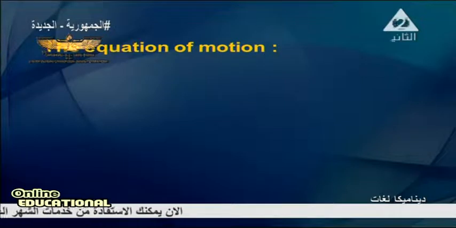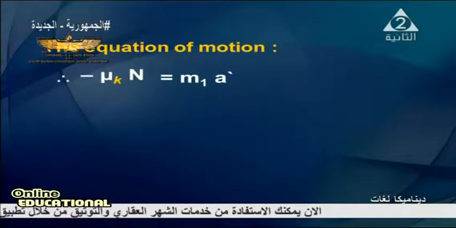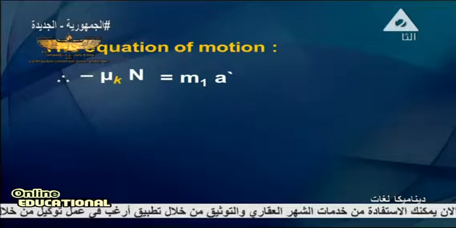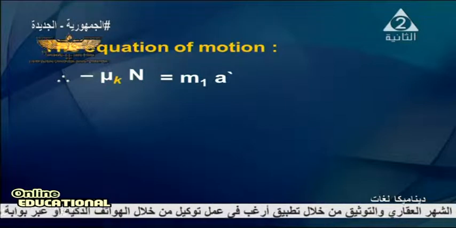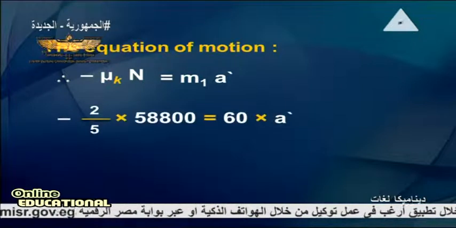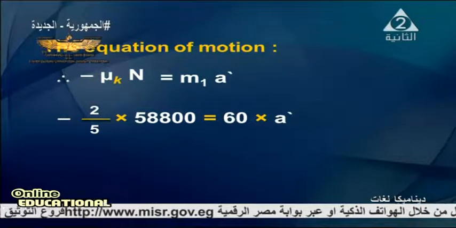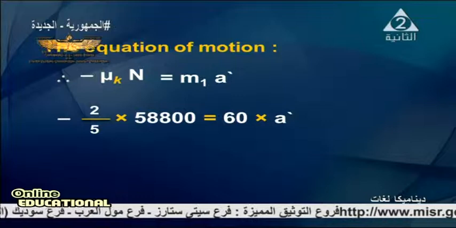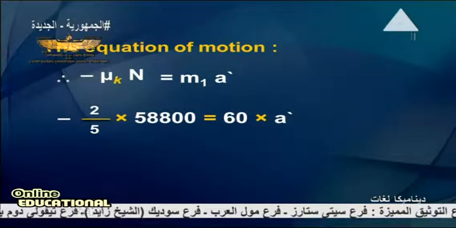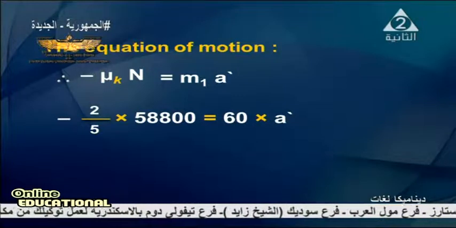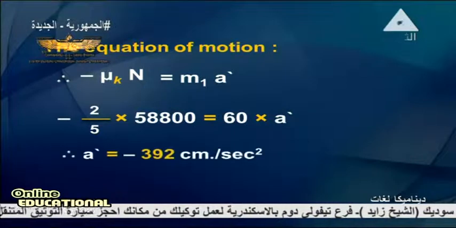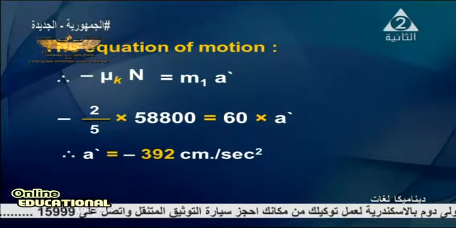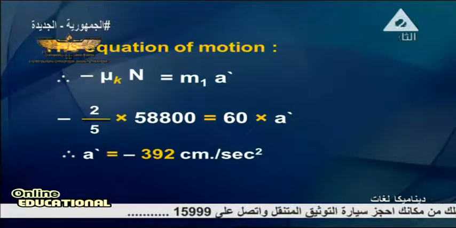Then the equation is negative mu k n equals M1a dash. Mu equals 2/5 times N equals 58,800 equals M1, which equals 60 gram, times a dash, the acceleration of motion. a dash equals negative 392 centimeter per second squared.